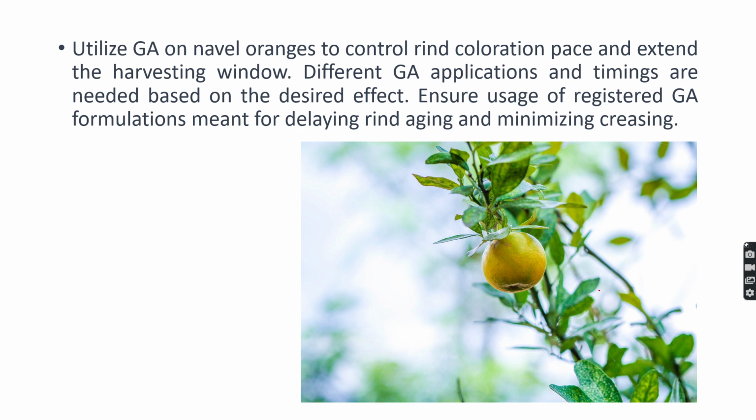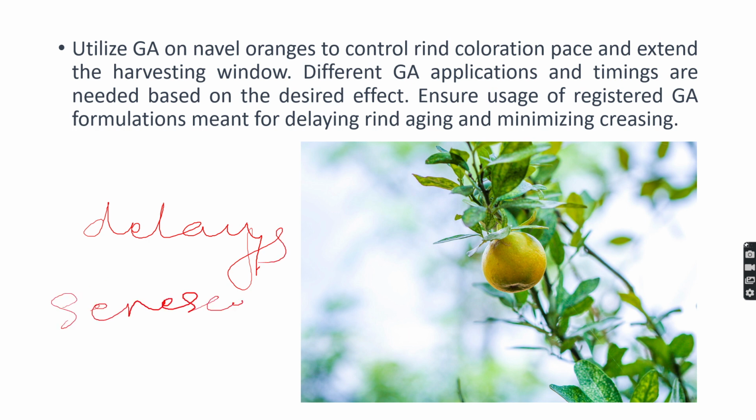Another important role of gibberellin, as I told you, is that it delays senescence. Utilizing this role, GA is applied in navel orange to control the rind coloration pace and extend the harvesting window or harvesting period.